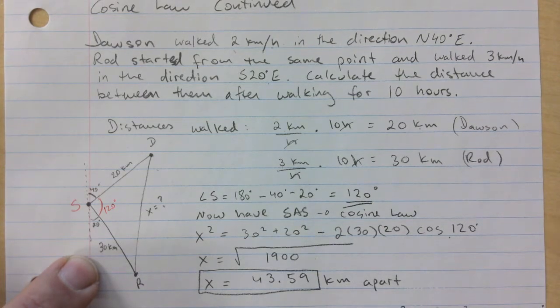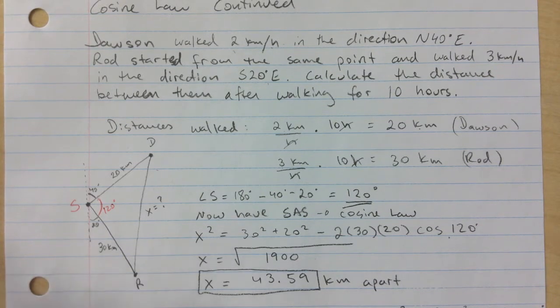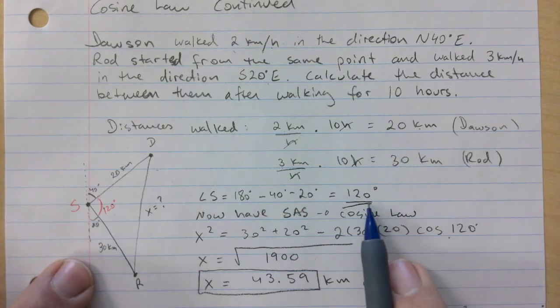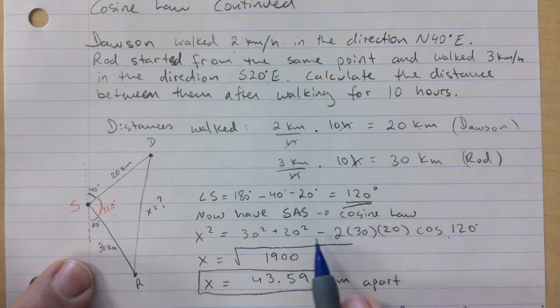Kilometers should have been inside the box, but so there you have it. Interpretation, right? Finding the 120, realizing that this is cosine law, and then solving. Okay.